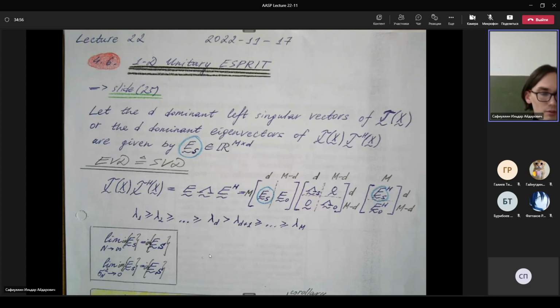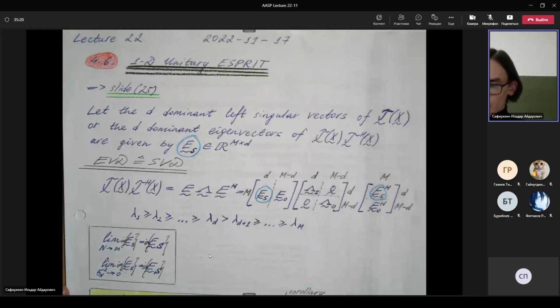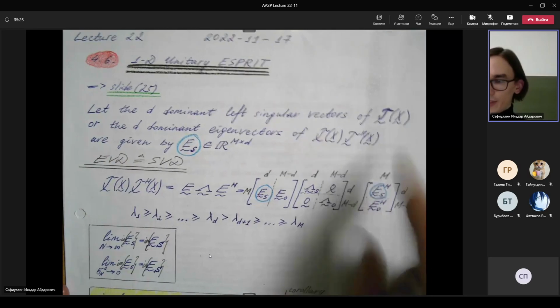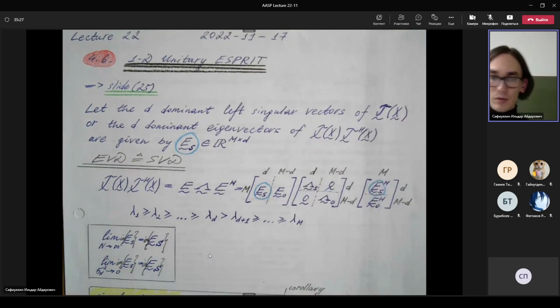This transformation from complex values to real-valued cases is used in 1D Unitary ESPRIT, and let's go inside this 1D case algorithm. So we first transform our X using the transformation.